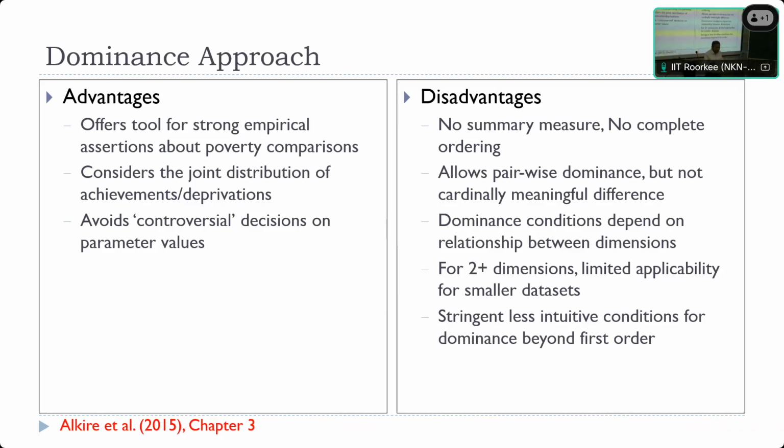But I gave you some examples, some ideas why it's so difficult to determine whether dimensions are substitute and complement, because it's really difficult to empirically establish at what level dimensions will be substitute, at what level dimensions will be complement. And mathematically, if you just try to bring in those assumptions at different levels, impossible. Mathematical tools do not exist. So those are kind of the problems of the dominance approach.